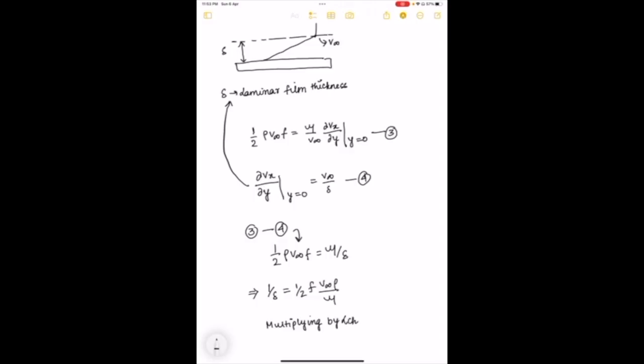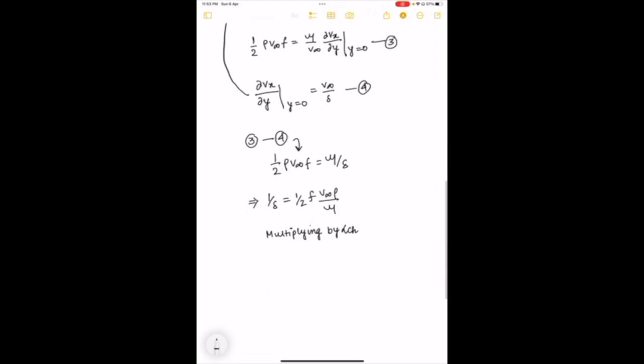What do we get? We get half f V infinite into rho into LCH divided by mu equals LCH upon delta.